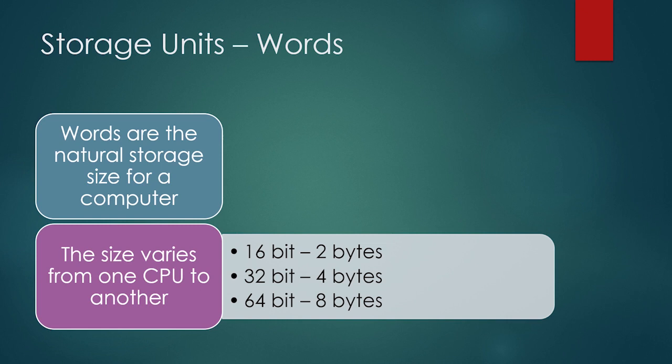Is it a 16-bit CPU, a 32-bit CPU, or a 64-bit CPU? And all of these have different sizes of memory that they can address. So we're going to be talking about that in a couple more minutes.